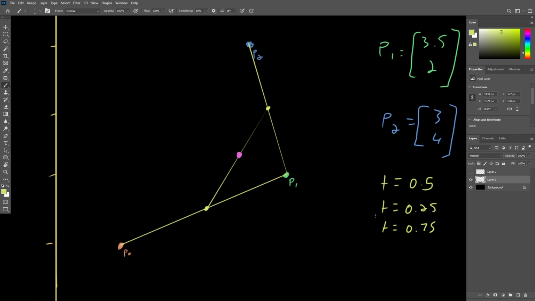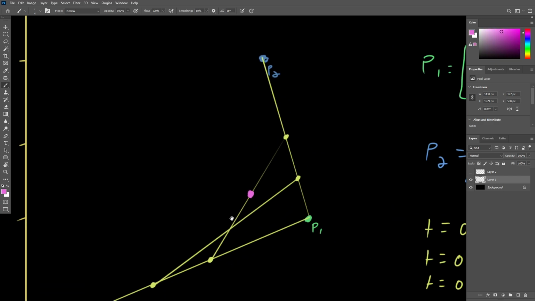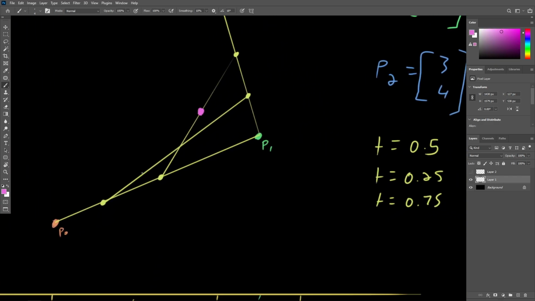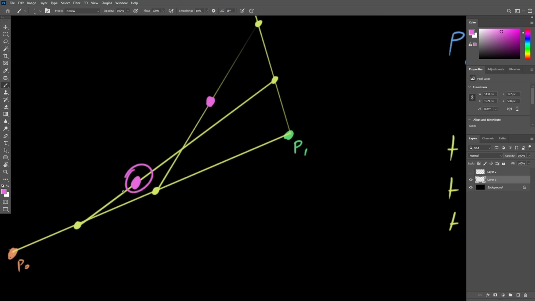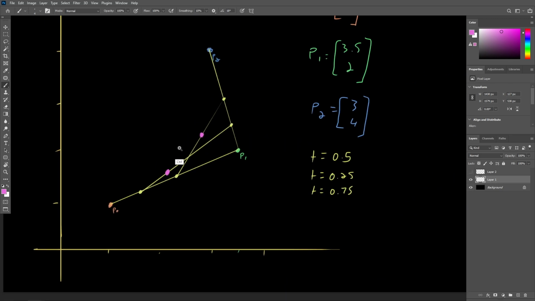Starting with t equals 0.25, we go about 25% of the way along this first line, 25% of the way along the second line, connect those together, and finally take about 1/4 of the way along this resulting line. So this point will also help us draw out that curve. This is a point that will fall on the curve.